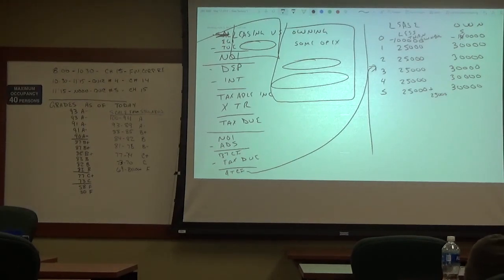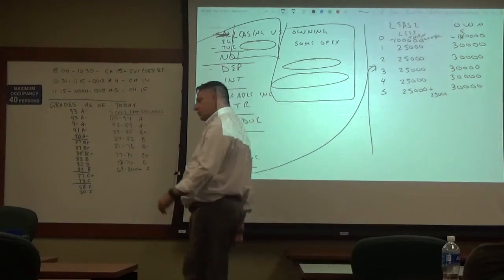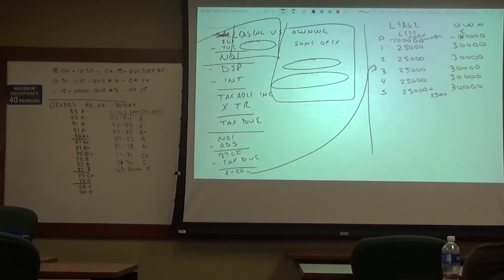All right, so over here on the right-hand side, with the ownership, what would you potentially do? Potentially sell it. So the question is, how much might we sell it for?